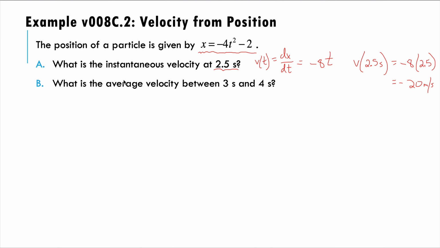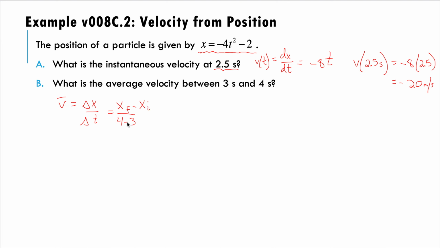So think about the definition of average velocity. The definition of average velocity is delta x over delta time. We know the change in time is 4 minus 3 seconds, or 1 second. We need to find the change in position or the displacement. So we need to find x final minus x initial.